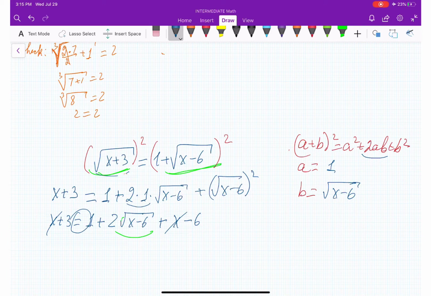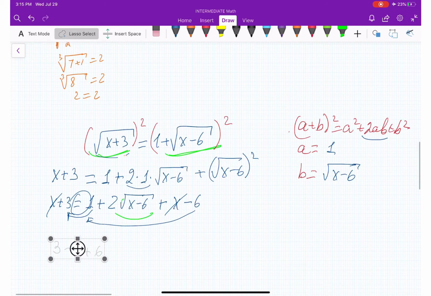So next, I am moving 1 to this side, and I'm moving negative 6 to this side. It's going to be plus 6.